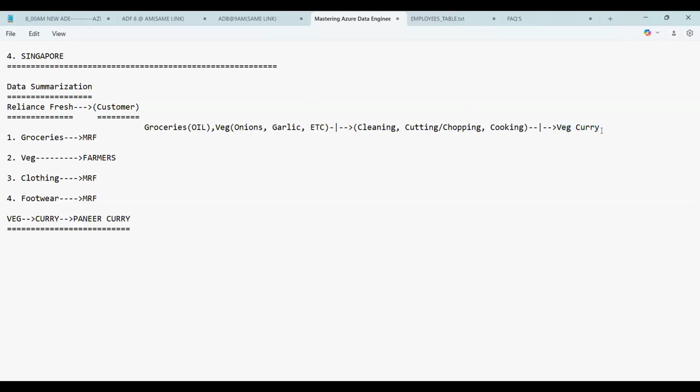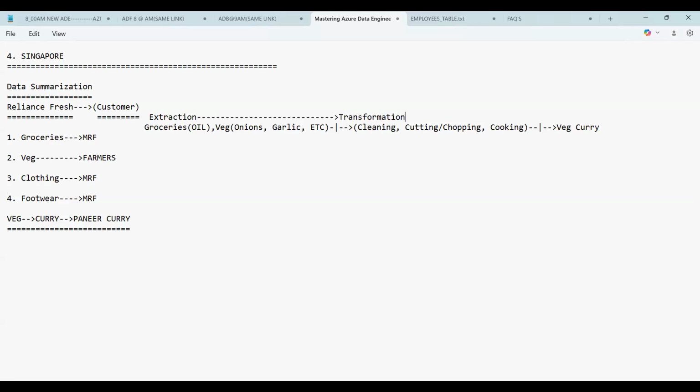So you have divided this particular task into three stages: first, getting the things required; second, preparing them for cooking; third, cooking and making the vegetable curry. Whereas in the same way, guys, technically this process is called extraction. What is this process called, guys?